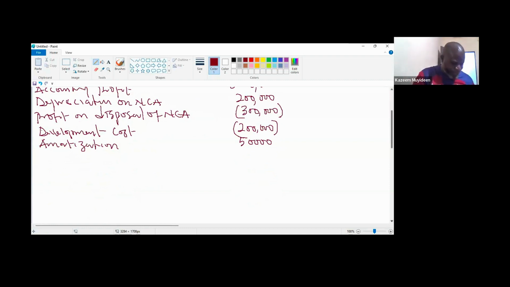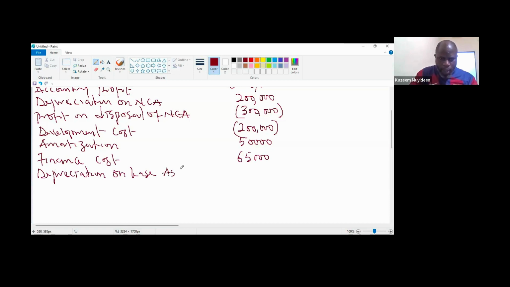Then with the finance lease assets, finance costs of 65 will be added. Then depreciation on leased assets. How much is on this asset? 110 will be added back.